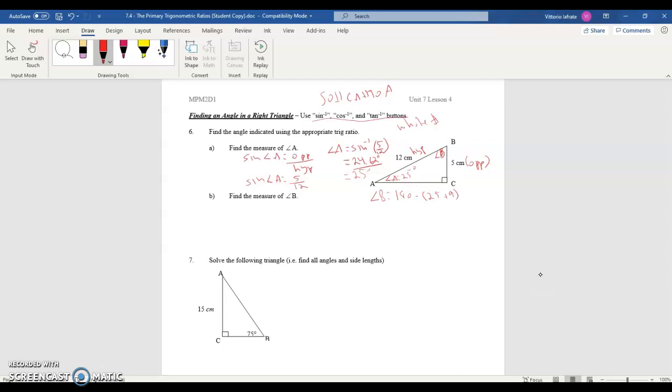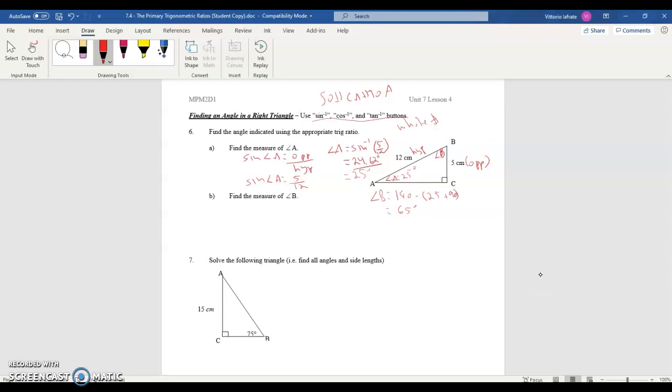That's a Greek letter, but I'm just going to stick with the letters of the vertices. So that would be equal to 180 minus 25 plus 90 there. So 65 degrees is what we should get, because when you add all the angles up in a triangle, you get 180. So angle B should be 65.